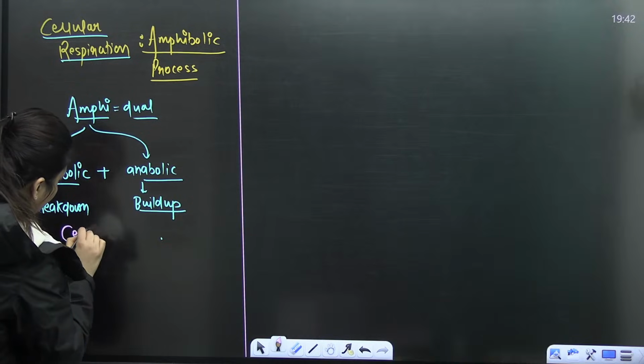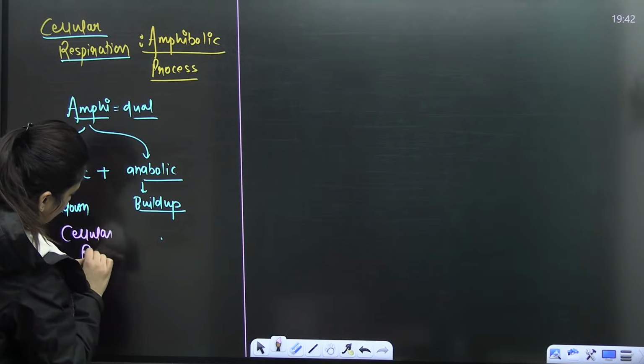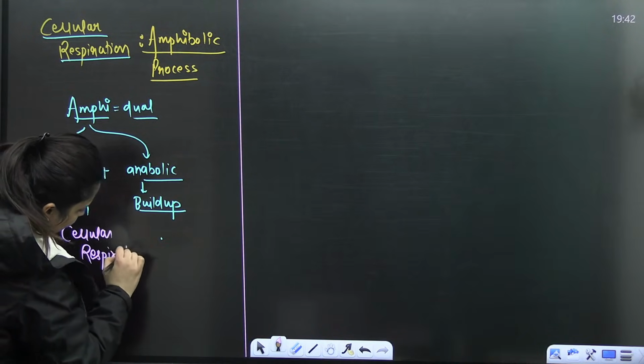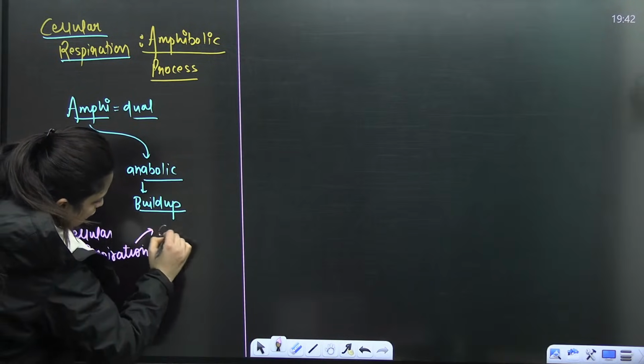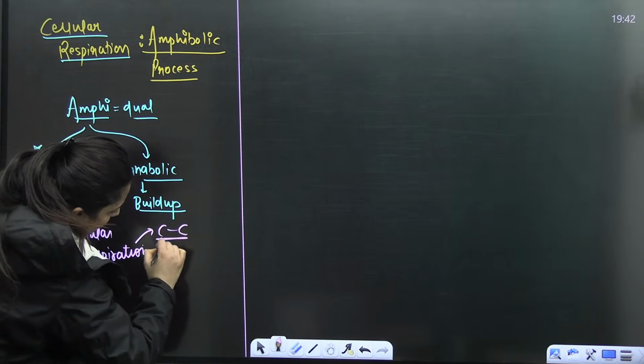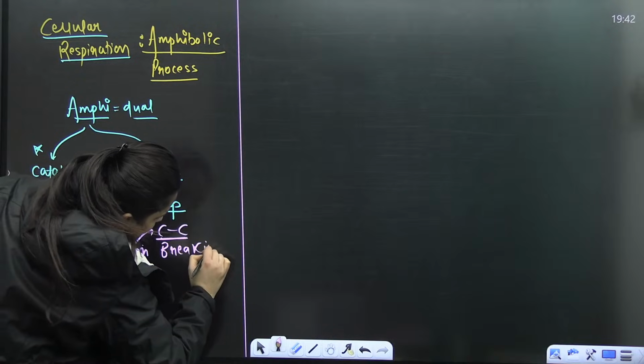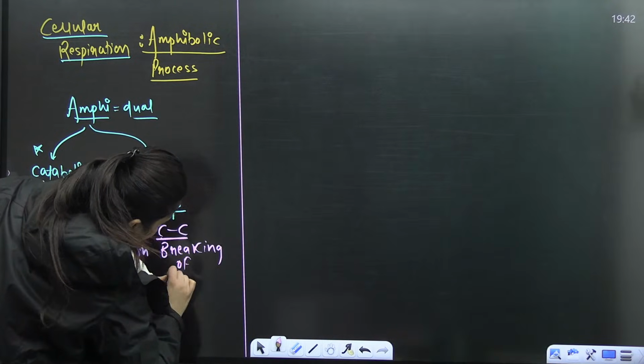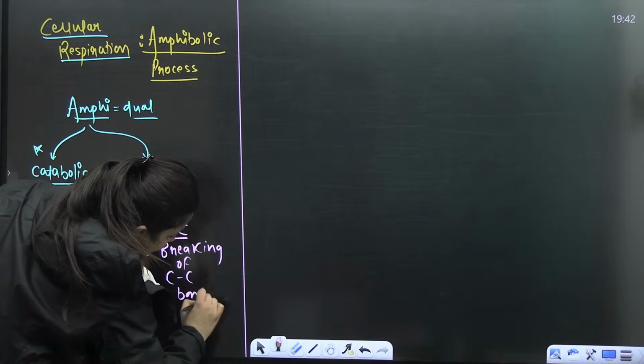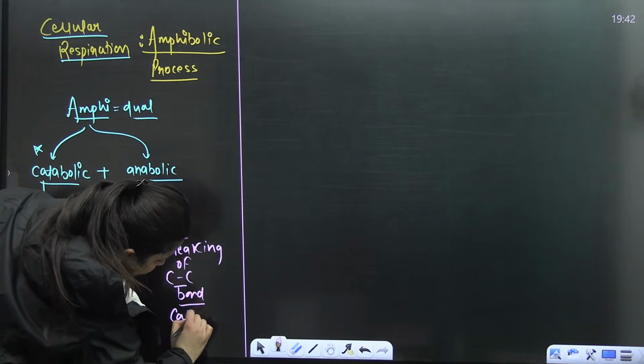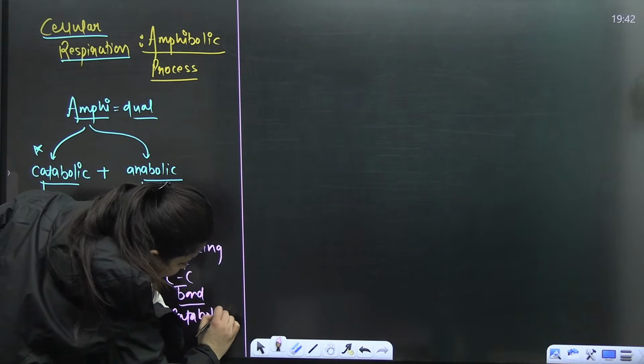But here many students make a mistake. If we are talking about the breaking of the carbon-carbon bond, then it should be catabolic, so why do we say amphibolic? It's simple.